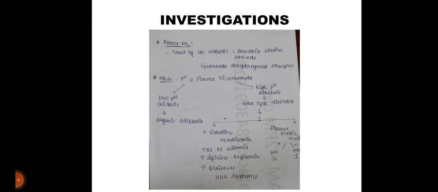And we'll then look for the pH and plasma bicarbonate. When the pH is low, we call it acidosis. When the pH is high, we call it alkalosis. When the pH is low, we will suspect organic aciduria. When the pH is high, it leads to a disorder, that is urea cycle disorder.